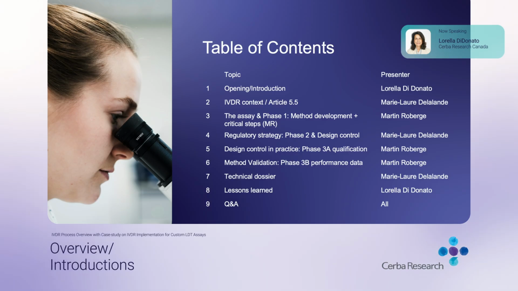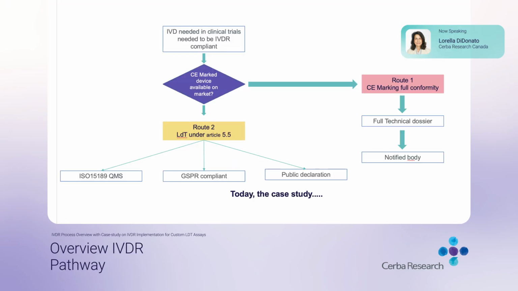With this context in mind, I want to start this webinar by providing you a very high-level practical overview, which highlights how we select and justify the use of an IVD in the context of a clinical trial. We've put together a flowchart which captures a key decision that laboratories and study teams will have to rely on early on.